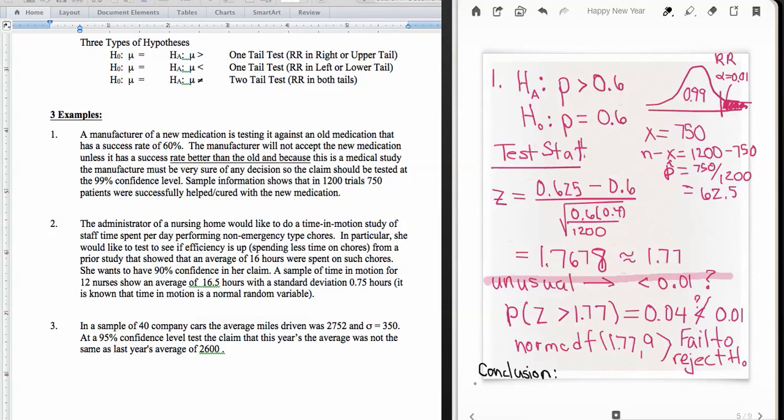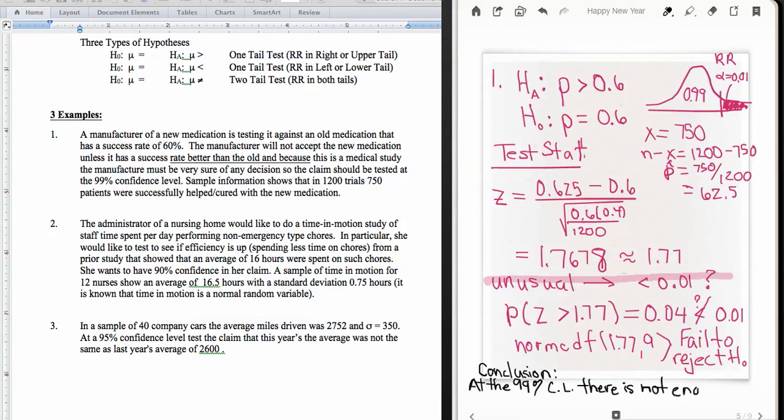So if I were to write the conclusion here, I would say at the 90% confidence level, oops, excuse me, not 90%, it was 99%, my bad. Don't want to confuse you, but I'm sorry, I wrote the wrong thing. 99% confidence level, and I'm just going to abbreviate that as CL. There is, and because I failed to reject, there is not enough evidence. So it's not supporting my claim, right?